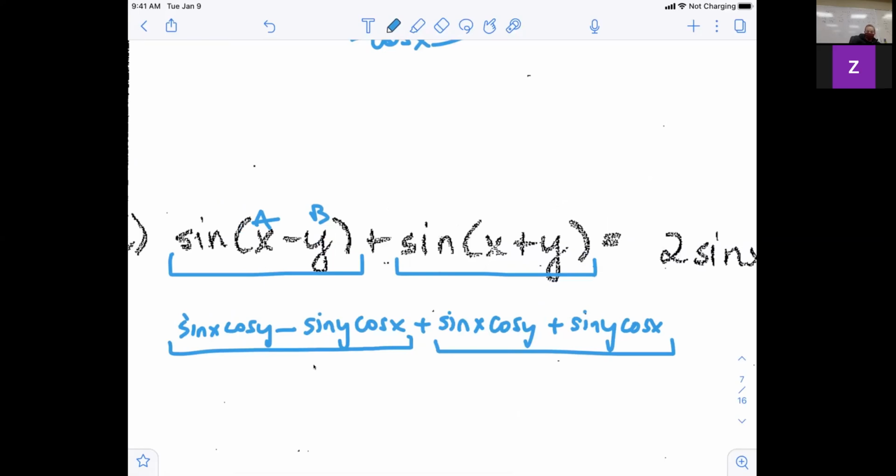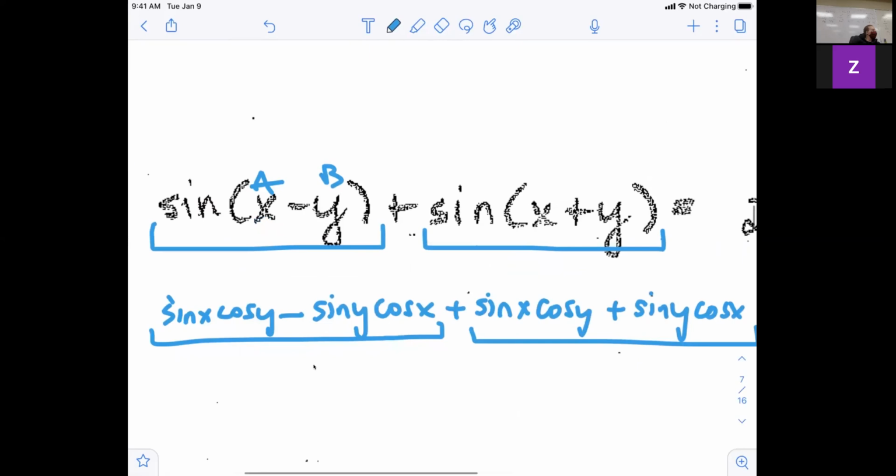Okay. Now I'm here. We'll just see what we can combine. I've got sine of x, cosine y. Let's see if we've got another like term. Not the next one. Oh, the third one is sine of x, cosine of y. That's two of them. So we can write that as 2 sine x cos y.